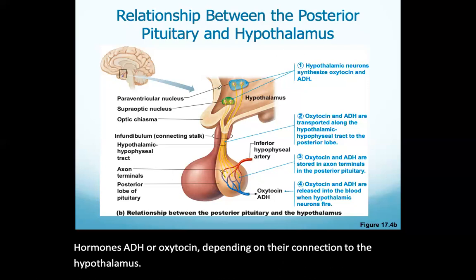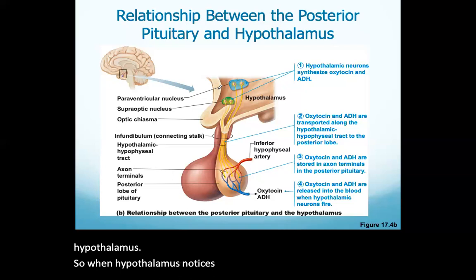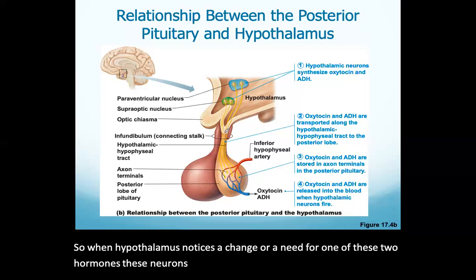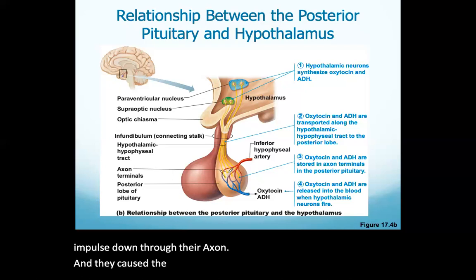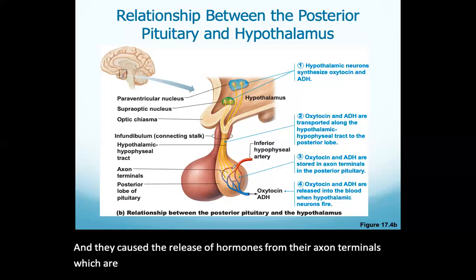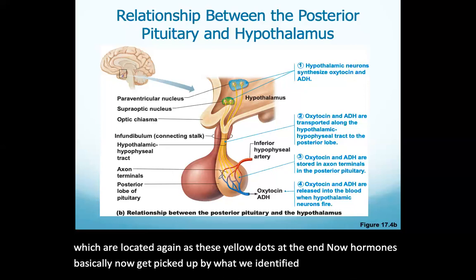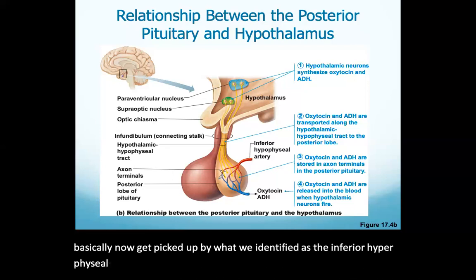When the hypothalamus notices a change or a need for one of these two hormones, these neurons send an electrical impulse down through their axon, and they cause the release of the hormones from their axon terminals, which are located as these yellow dots at the end. These hormones then get picked up by the inferior hypophyseal artery, capillary and vein, and get transported to the body, to the target tissue.